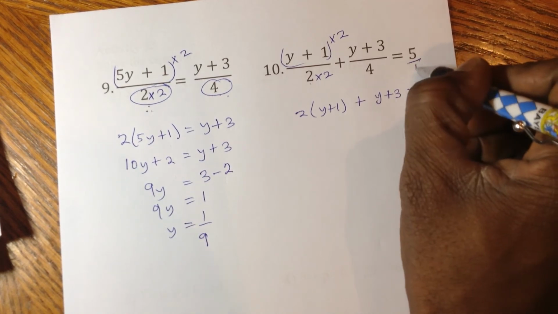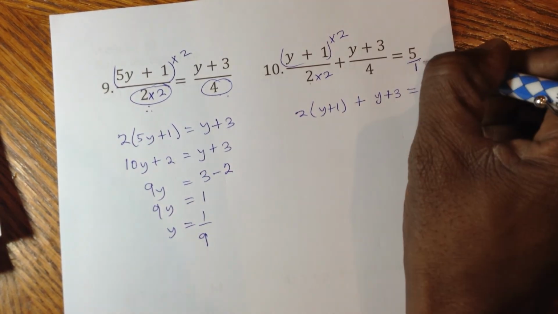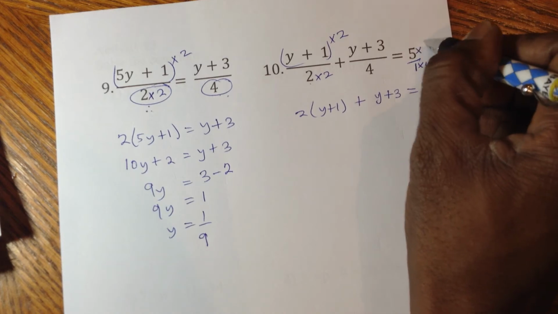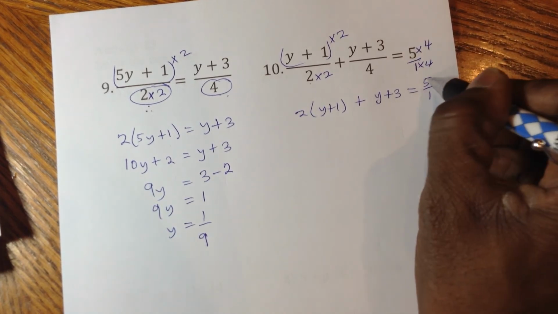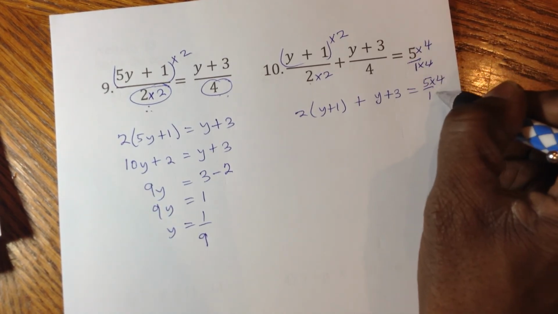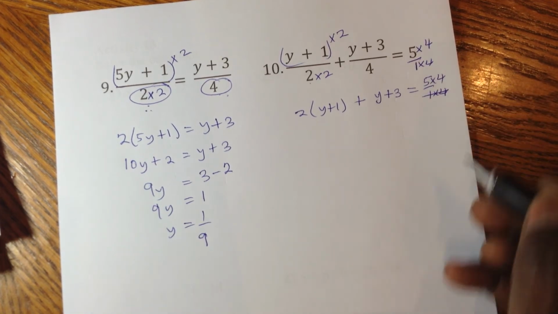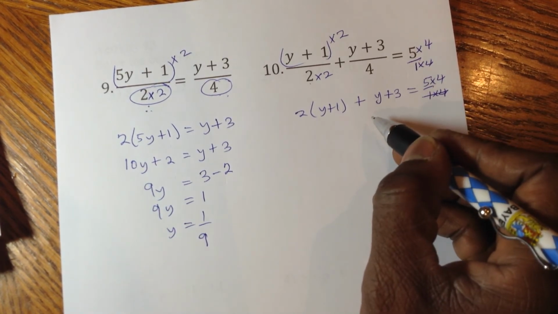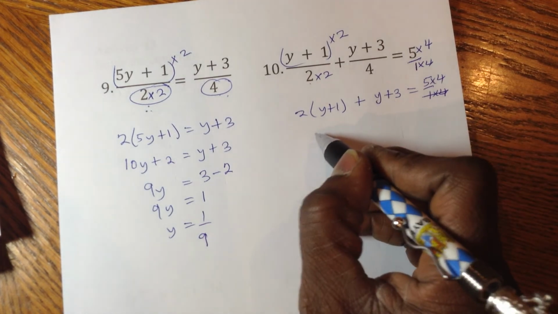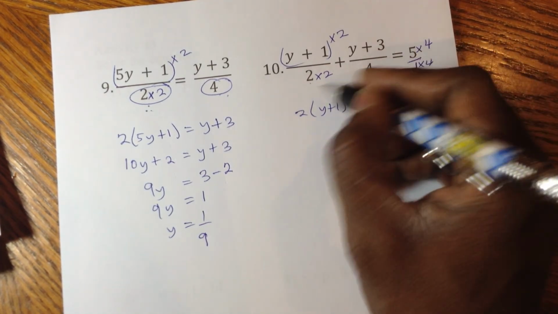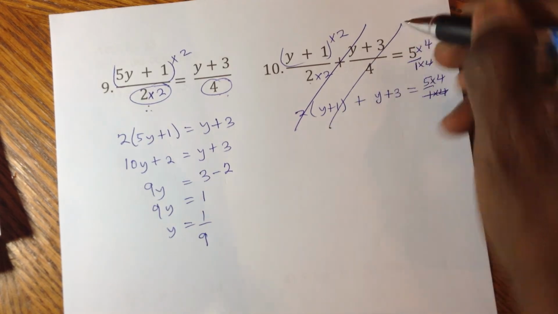The best thing to do here is put over 1 here. That means I can times here by 4 and times here by 4. So this denominator will not be needed as well. I'm going to repeat this bit. I'm going to cross it off and redo it neatly here.